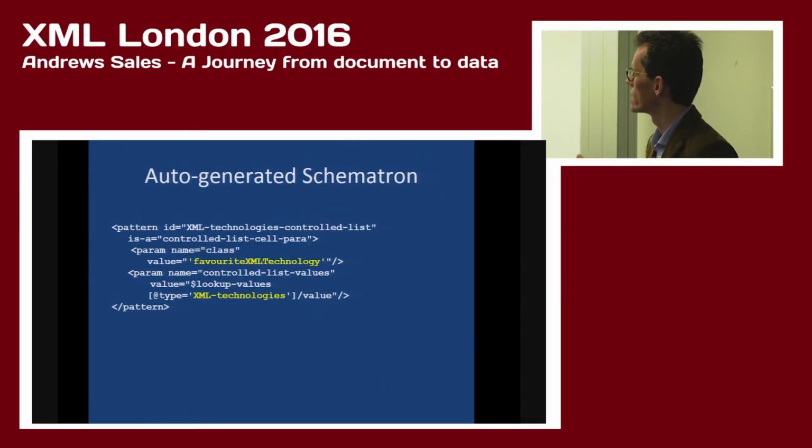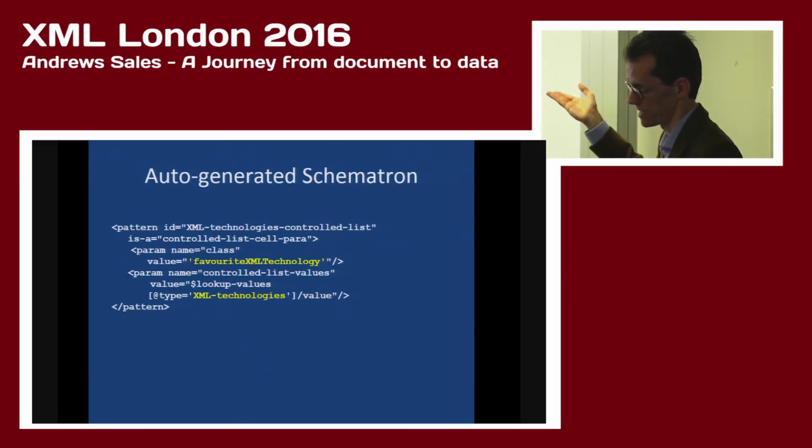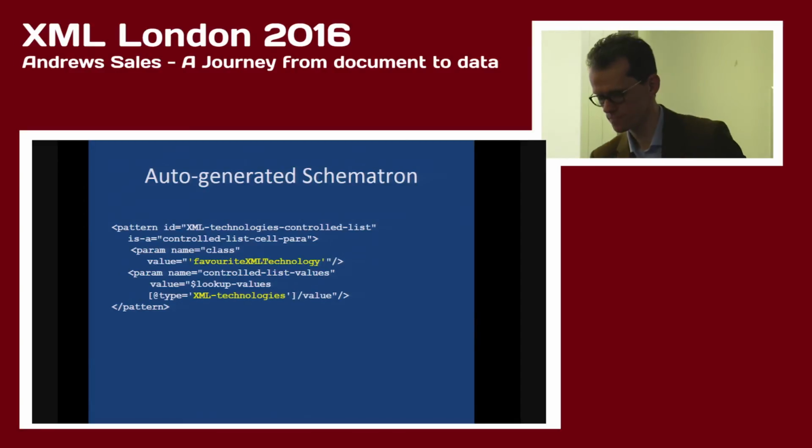This concrete pattern will be applied to all rows with a class of favorite XML technology. So we select our class attribute and which controlled list to validate that cell against.